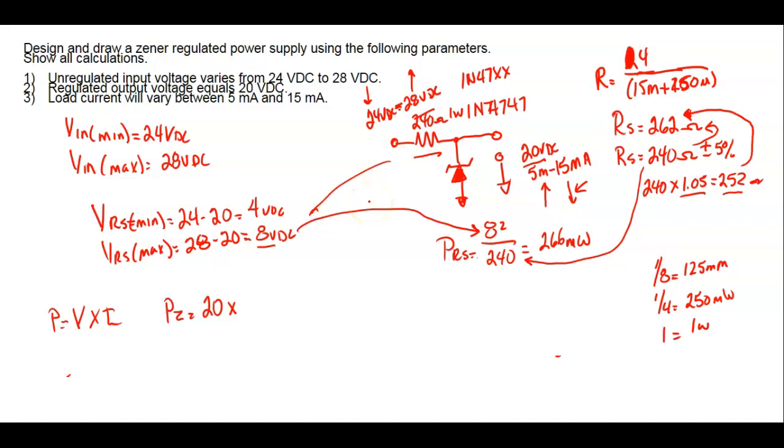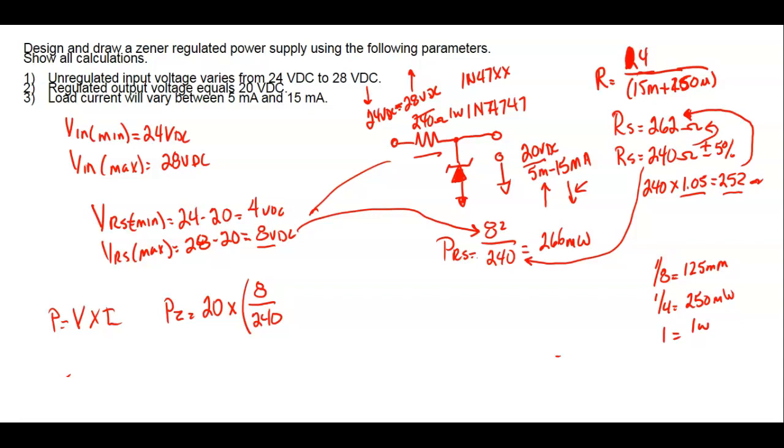The most current flows in the circuit when that series resistor is dropping the most voltage. So I'm going to say 8, and then divide that by 240, and that gives me the current flow through the circuit, right?